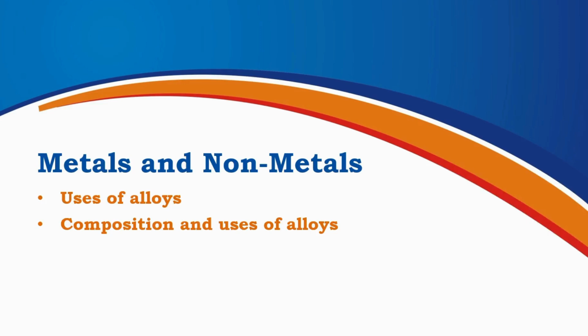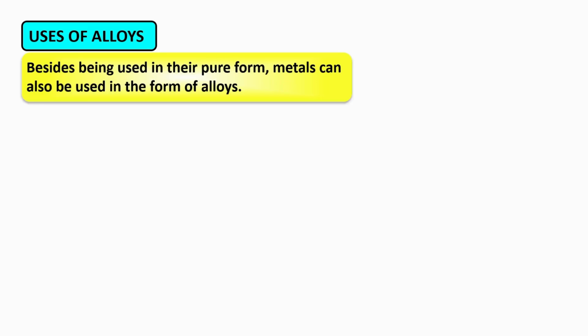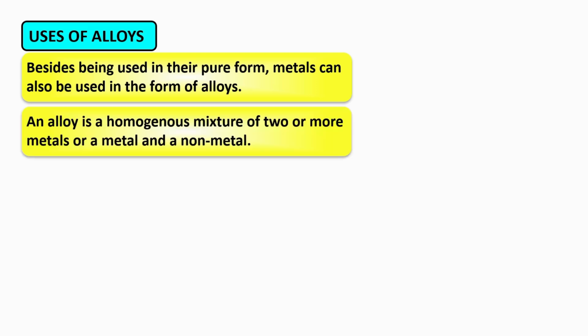Uses of alloys, composition and uses of alloys. Besides being used in their pure form, metals can also be used in the form of alloys. An alloy is a homogeneous mixture of two or more metals or a metal and a nonmetal.